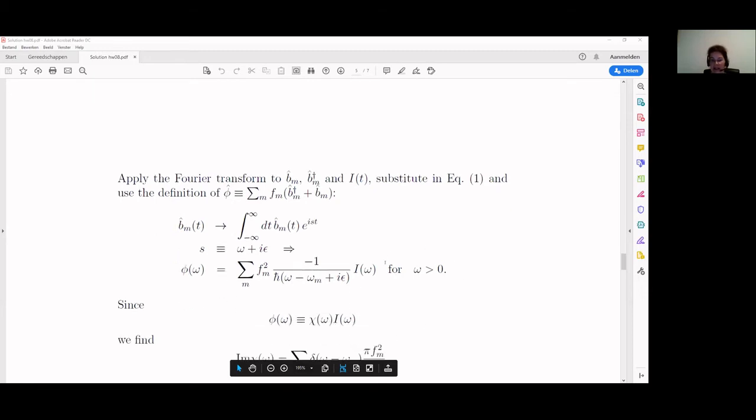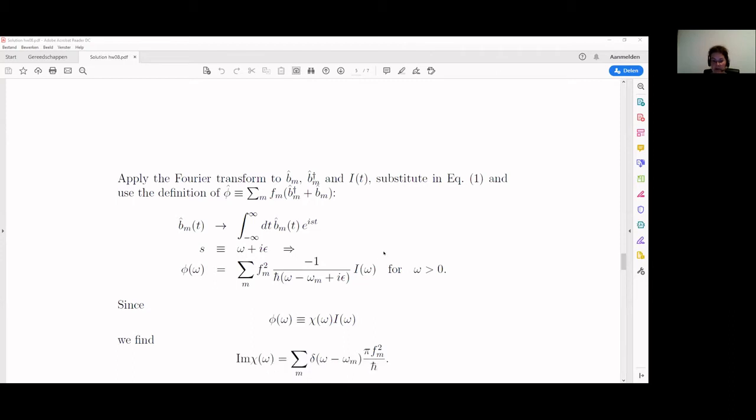And this expression, if you do the full calculation, will have two parts, one applying for positive omega, and another term for negative omega. But since we were asked to look for the term that has positive frequencies, I only show that one here.